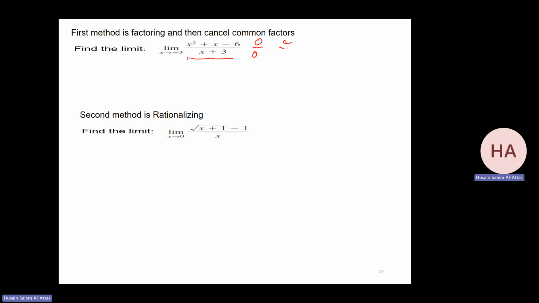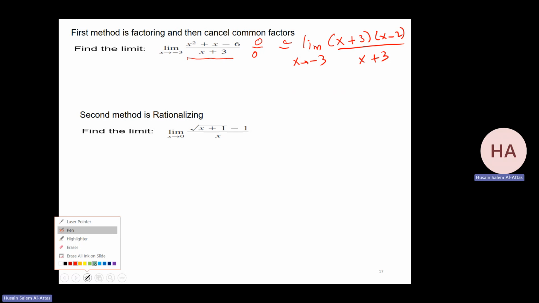Okay, so what I will do, I will factor the numerator and the denominator. The denominator is ready, no need to factor it. So we factor the numerator: x plus 3 times x minus 2 over x plus 3. Now, this function is the same if I cancel x plus 3.